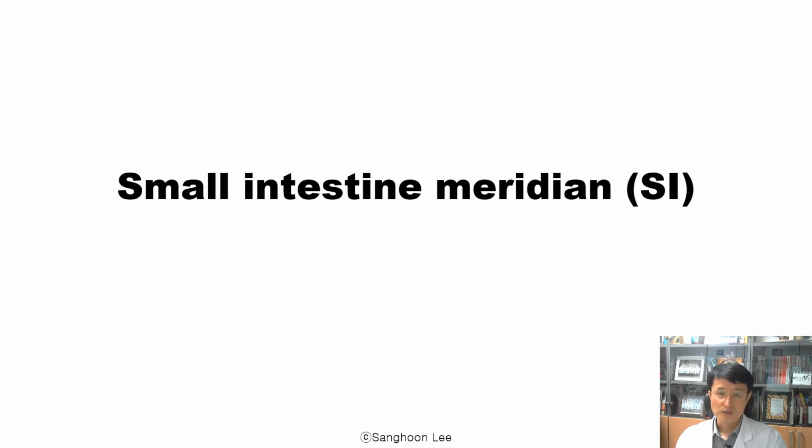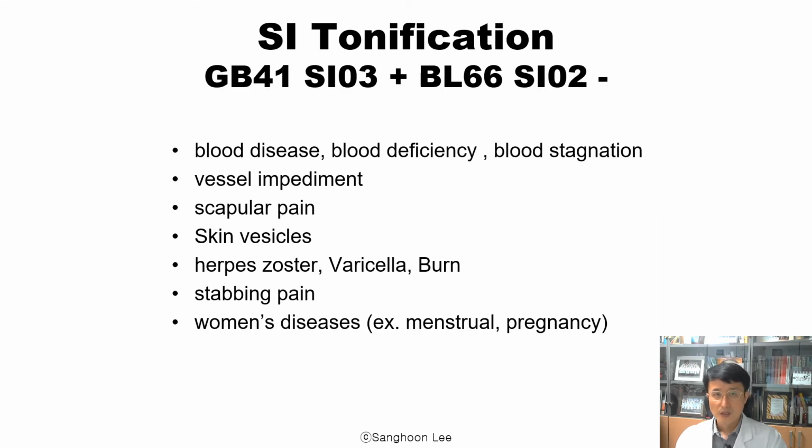Small intestine meridian. Small intestine tonification formula is reinforcing gallbladder 41, small intestine 3 points, reducing bladder 66, small intestine 2 points.